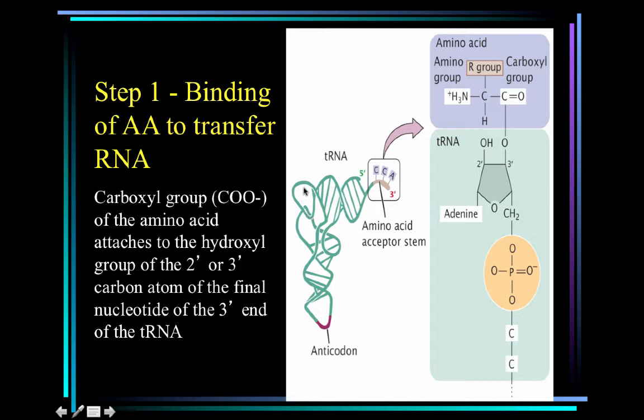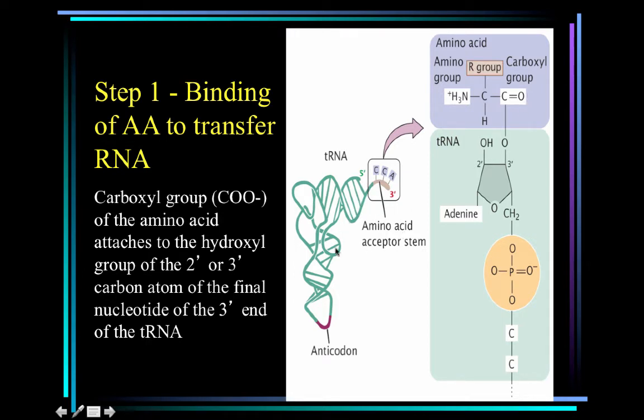So we've got our double-stranded ribose material, and on the end of that transfer RNA is going to be where the amino acid is actually going to sit, and it sits based on a bonding that is going to happen. And so keep in mind, the only difference between these amino acids is the R group. So in order for correct amino acid binding to take place on the transfer RNA, we have to make sure that that amine group and the carboxyl group is actually in place.